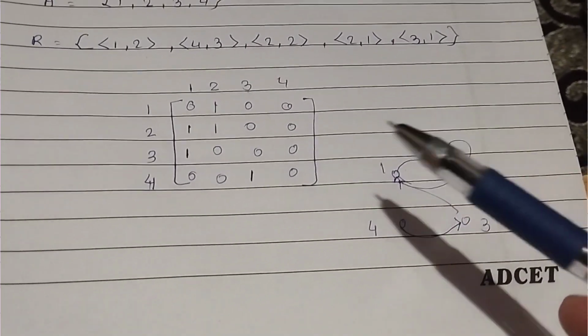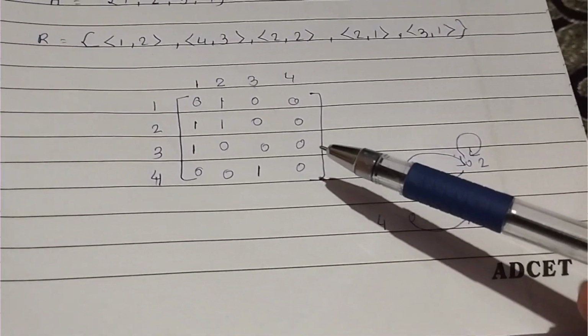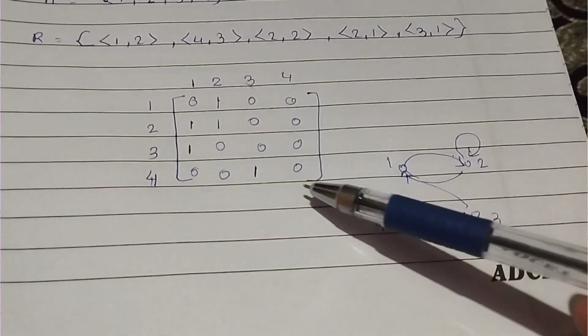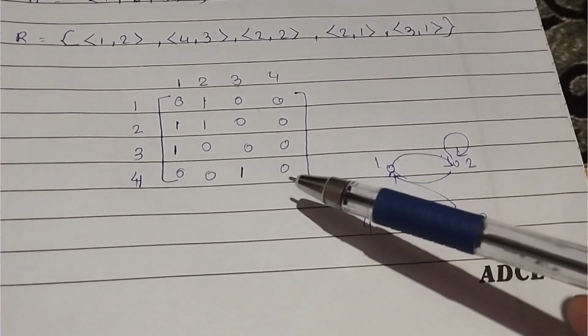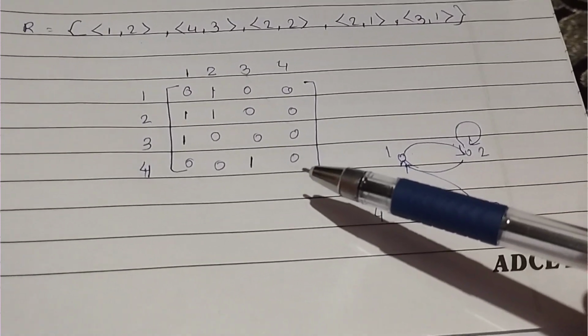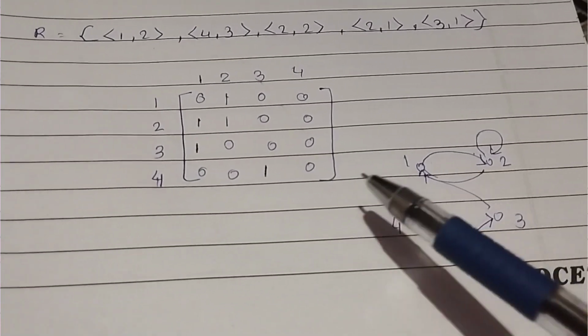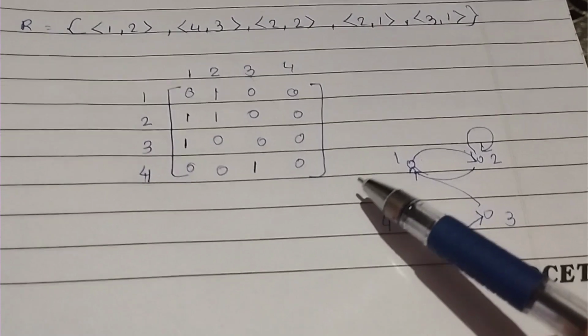One more trick I give is how to find the properties from the matrix. If all the diagonal elements are 1, that time the reflexive property follows. If the diagonal elements are 0, that time the irreflexive property follows.